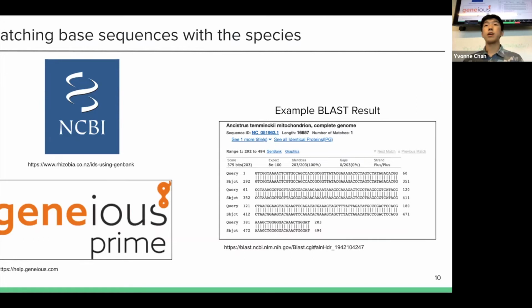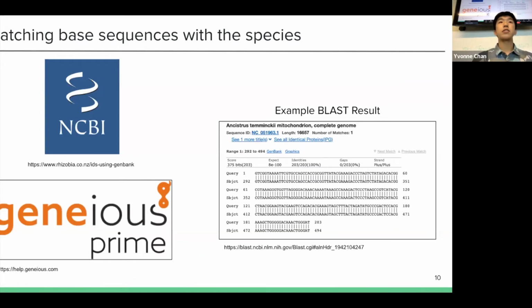What I can do from there is copy and paste my sequence and BLAST it, which basically means to match my sequence to the database, and it'll come back with which species it is related to. In this example, as you can see, my DNA strand matched with Acheilognathus tabira, a fish that was in the stream. Geneious Prime is a software that can do this on an automatic basis. Instead of me copying and pasting every one, it does all of them for me automatically.